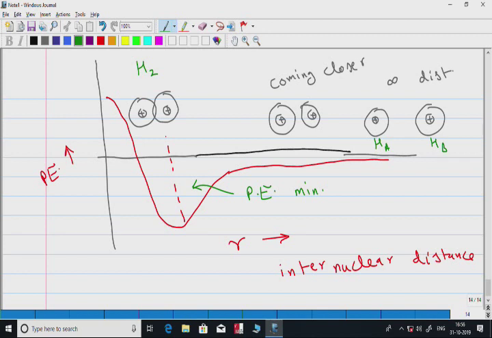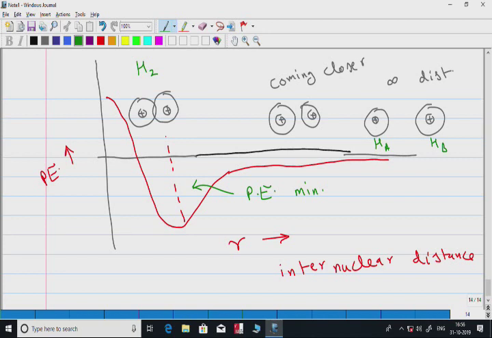They keep approaching each other until the attractive force is just balanced by the repulsive force.